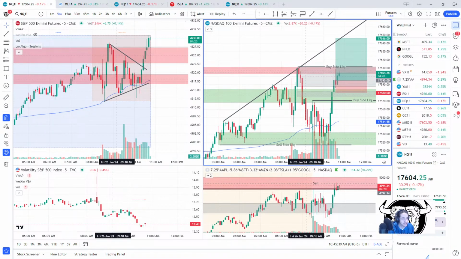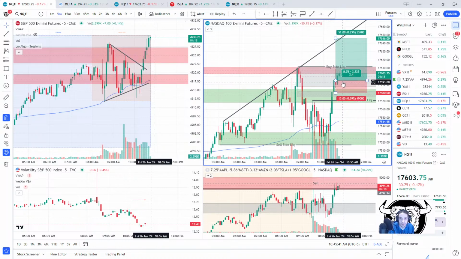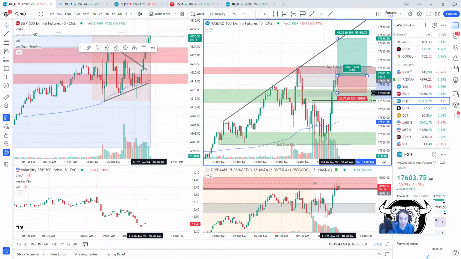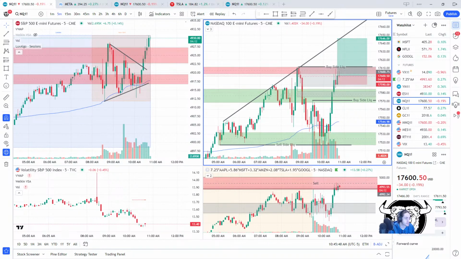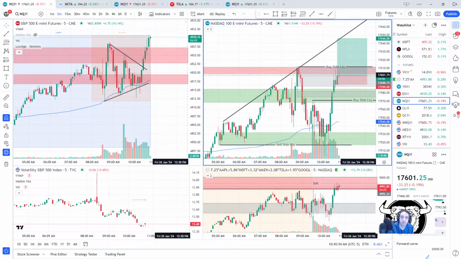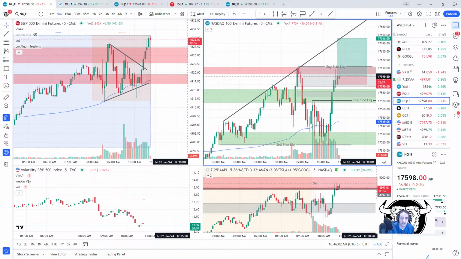Alright, let's see. Run it up. Come on, Bulls. We're having trouble at the zone right now. And equities are indecisive. There is no continuation at the moment. Nvidia looks much weaker. Just not a fan of it.